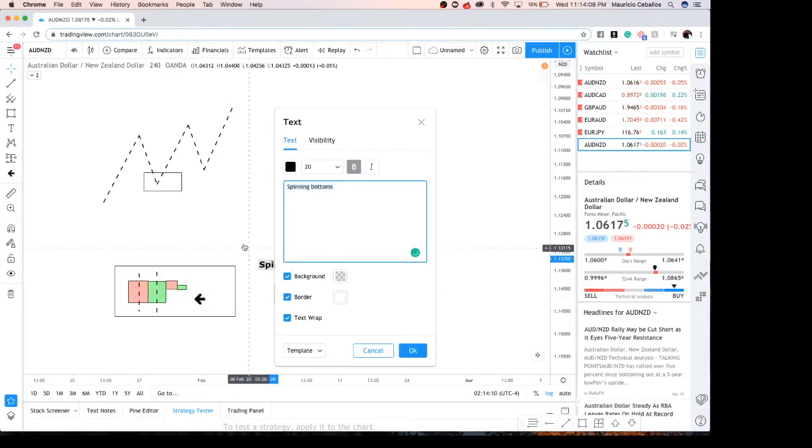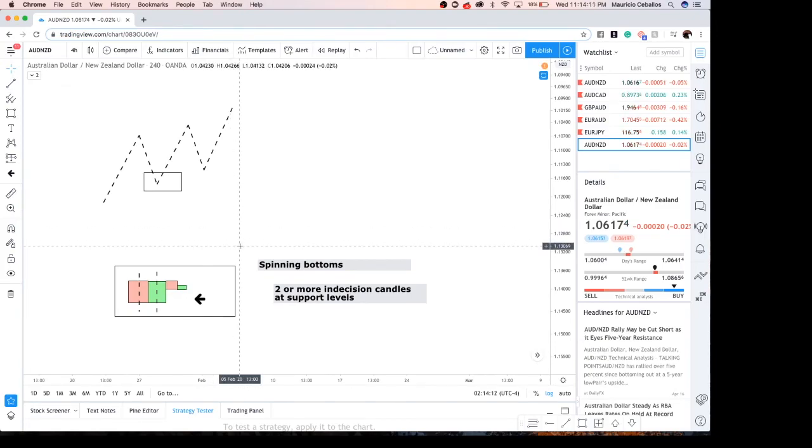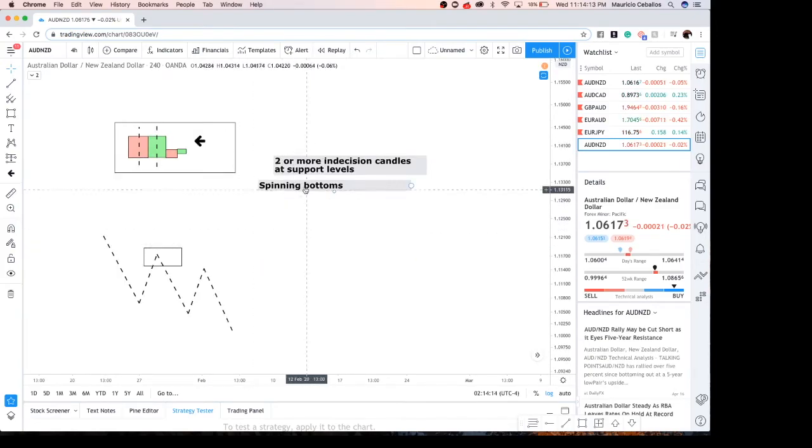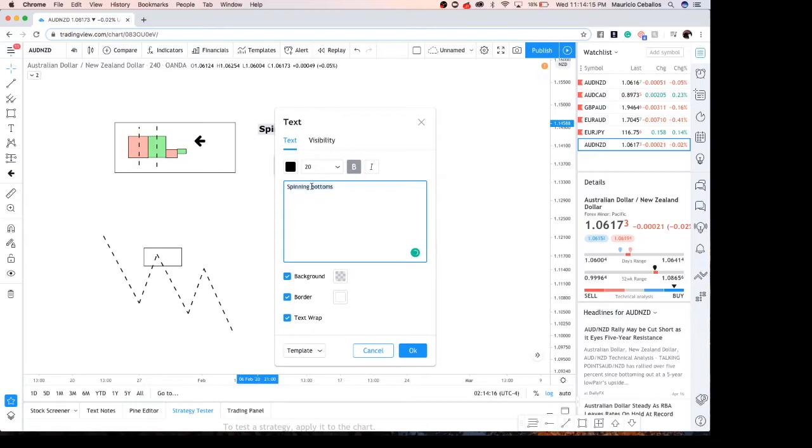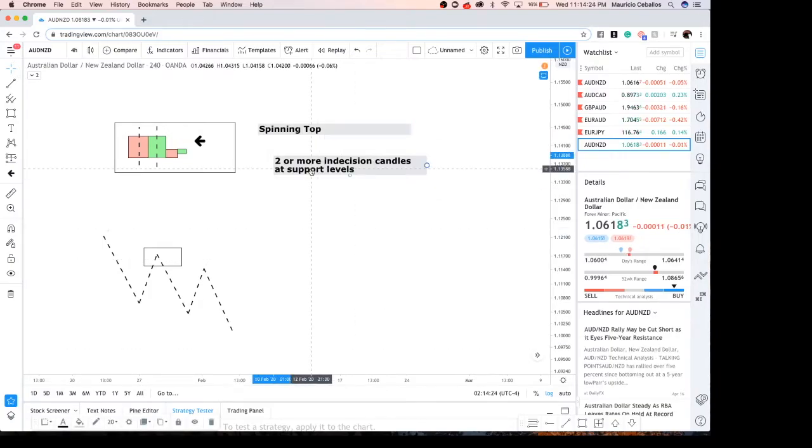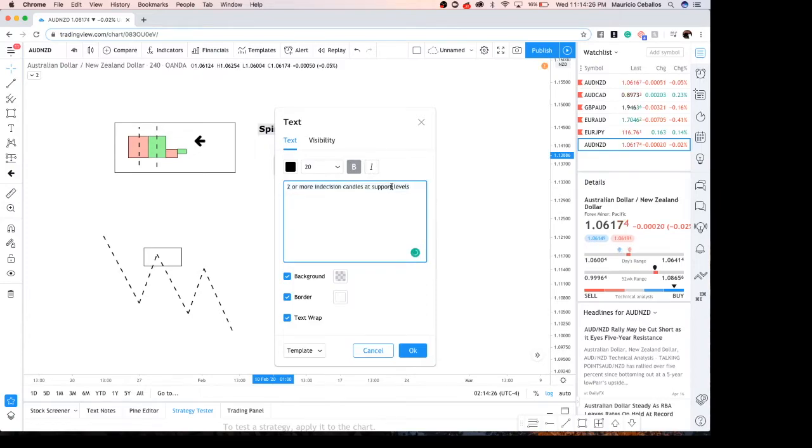Now the opposite of this will be exactly the same thing. We invert that, and in this case, spinning tops. We will be able to identify spinning tops, and these are going to be located not at support levels but at resistance levels. We're going to be looking for these at resistance levels.